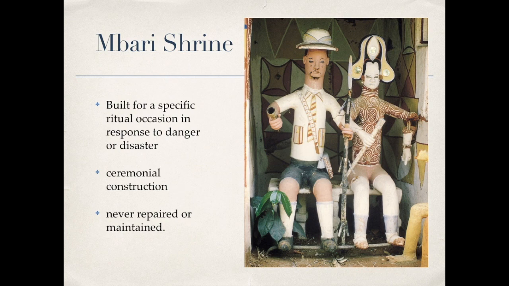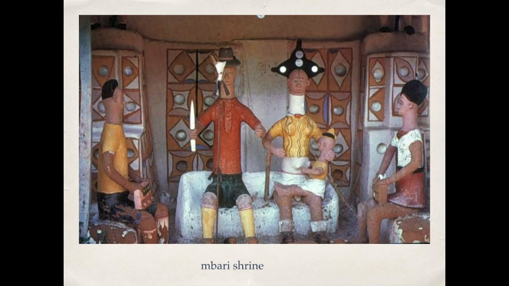That same contrast you can see in another Mbari shrine here, where you have not only the modern family, the traditional mother, but you also have children now, a small child on her lap and two older children on either side.